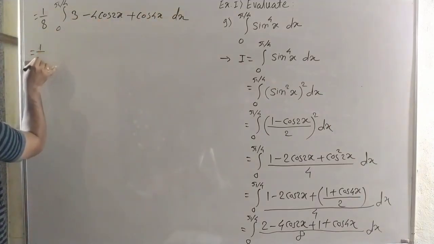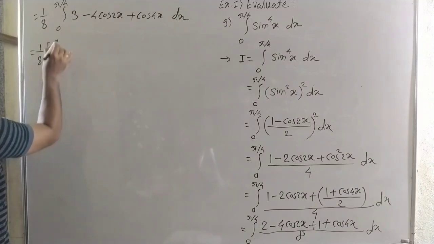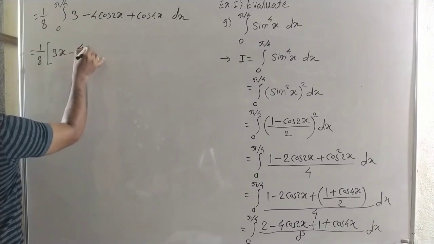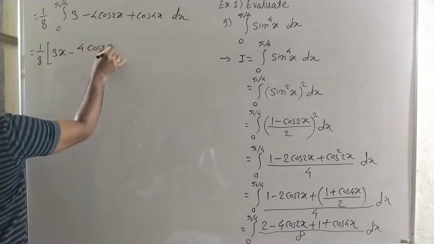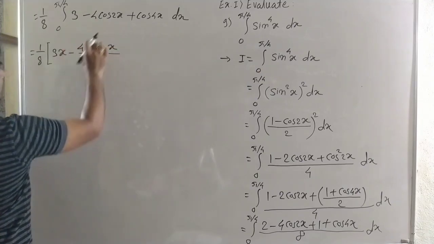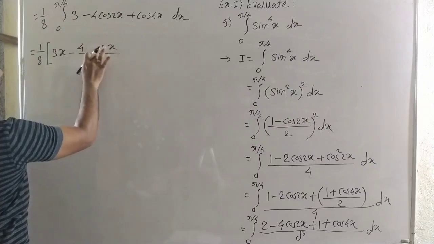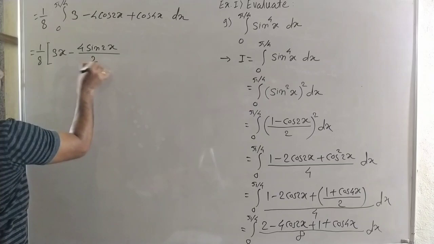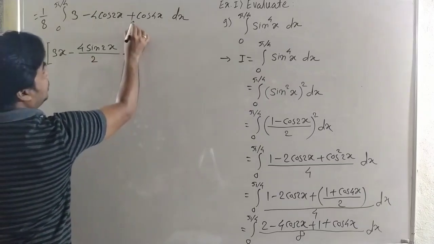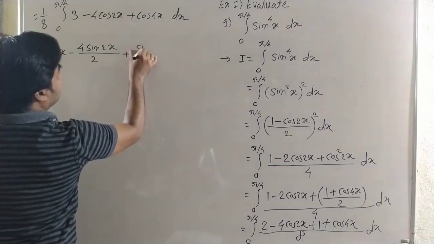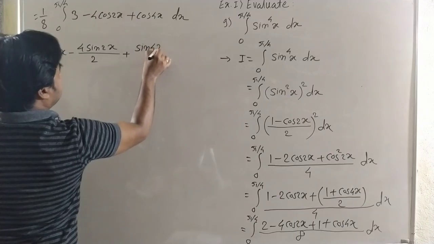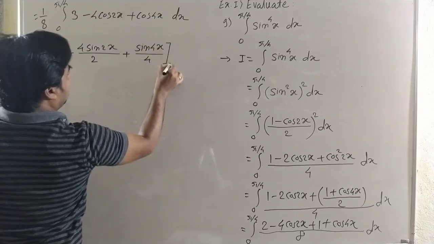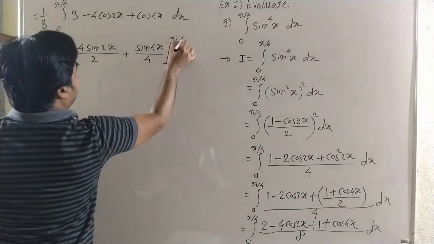Here it is 1 by 8 into the integration: 3x minus 4 times the integral of cos 2x, which is sine 2x upon 2, plus the integral of cos 4x, which is sine 4x upon 4, and limit 0 to pi by 4.